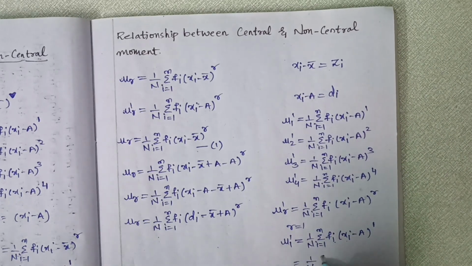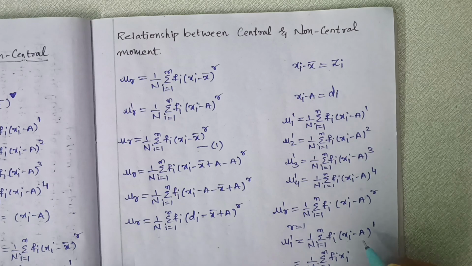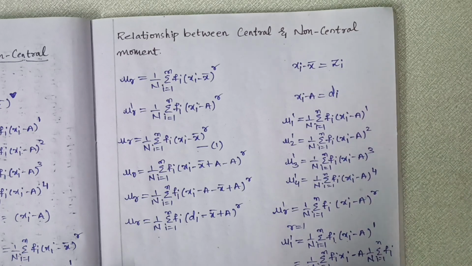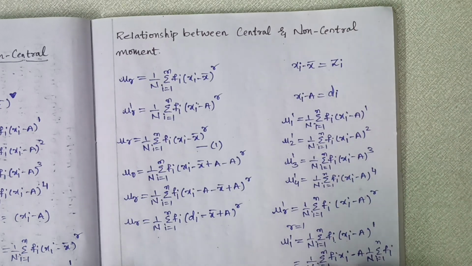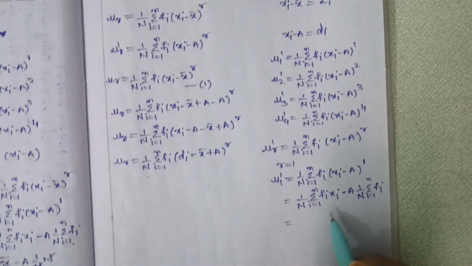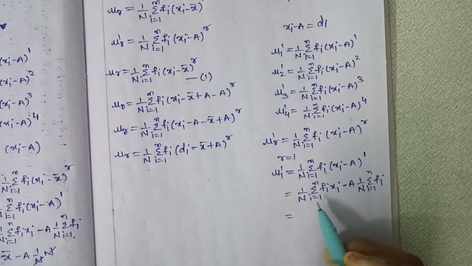1 by n summation i equals 1 to n fi into xi. Therefore a is constant, we will keep it aside. Therefore minus a and 1 by n summation i equals 1 to n fi. I know that you have seen this formula, no? In descriptive statistics, we have learnt the mean formulas.